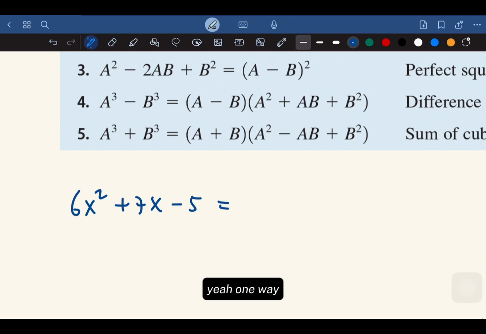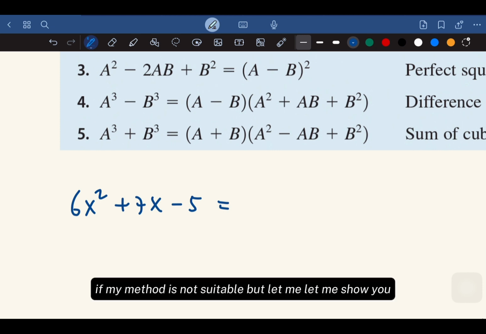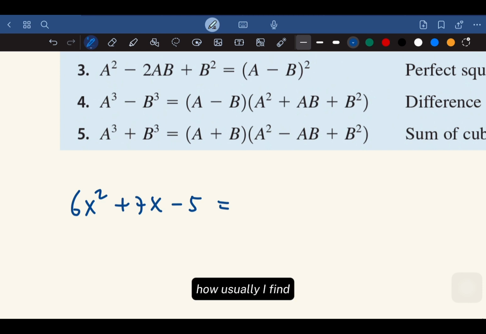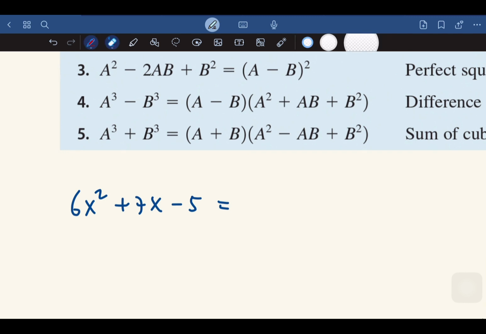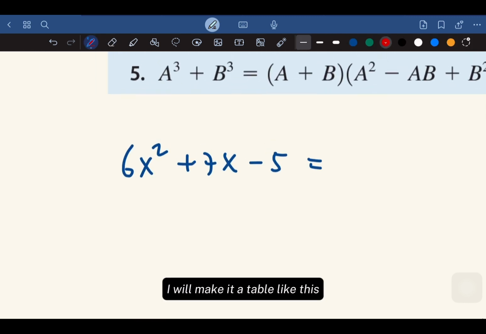Yeah, one way. Oh, really? Okay. So let me help you. I don't know if my method is not suitable, but let me show you how I usually find it. So usually I will make a table like this.